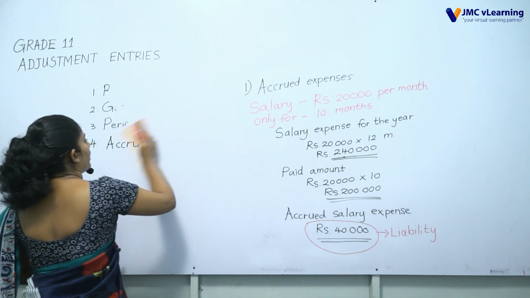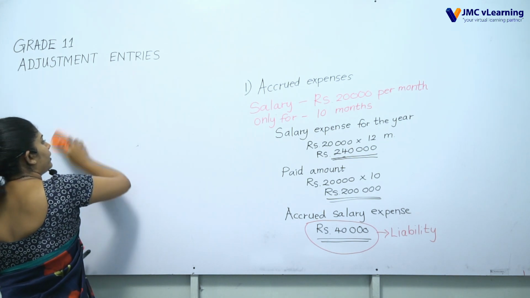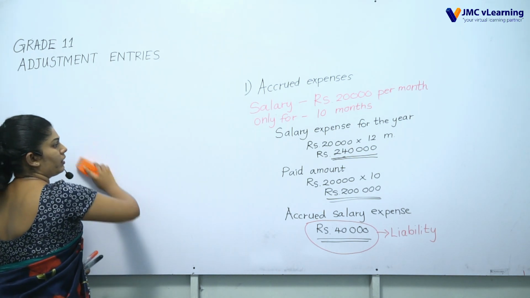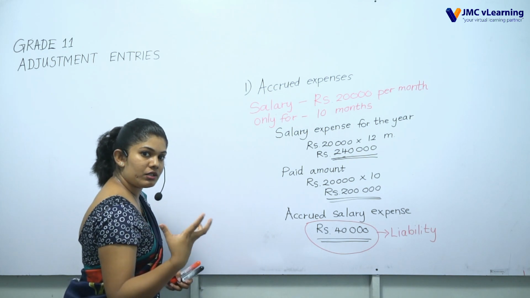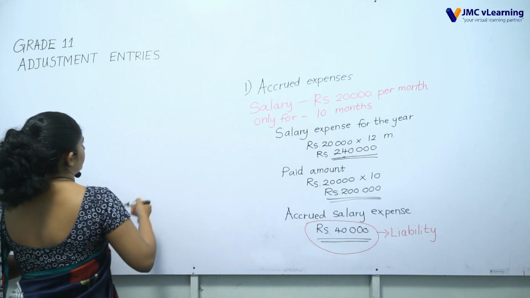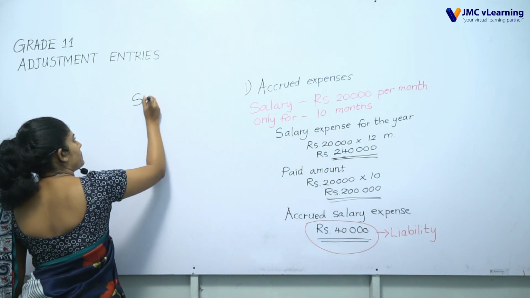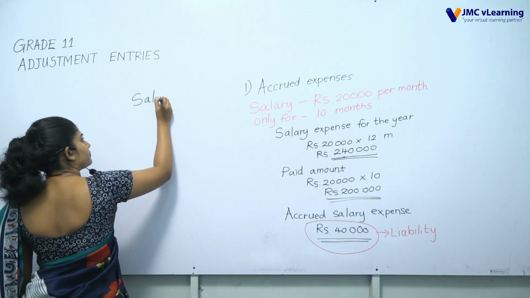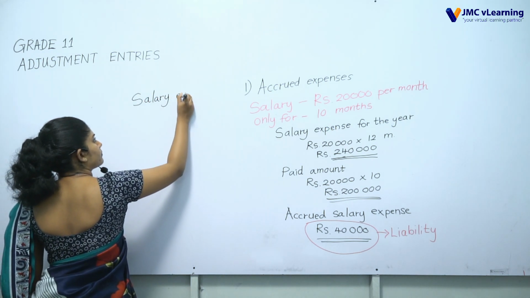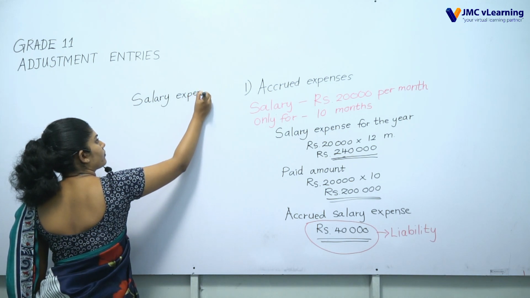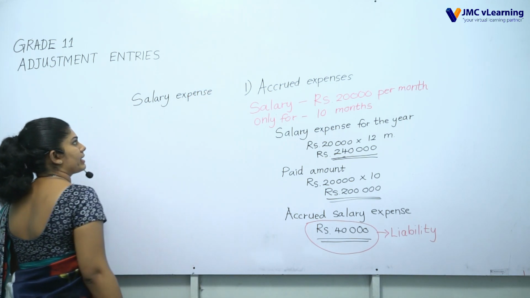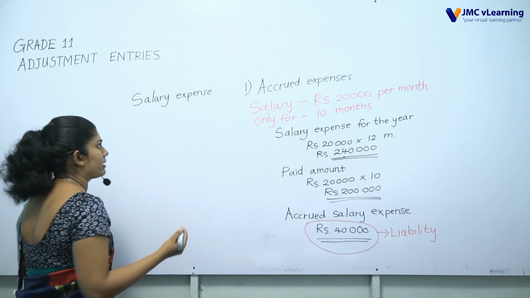So for that, first you can record the cash payment. There are three aspects of this transaction. Salary expense, there are three aspects.